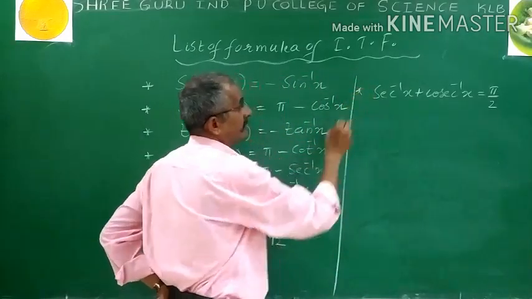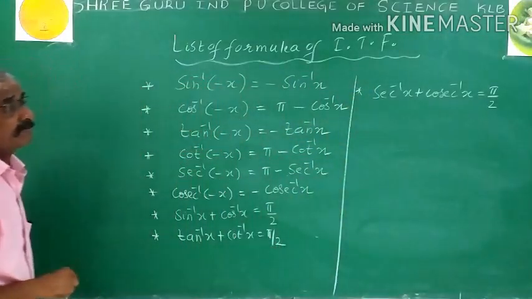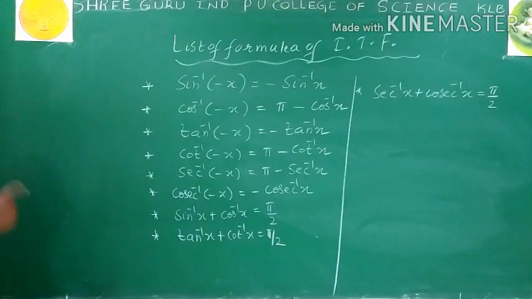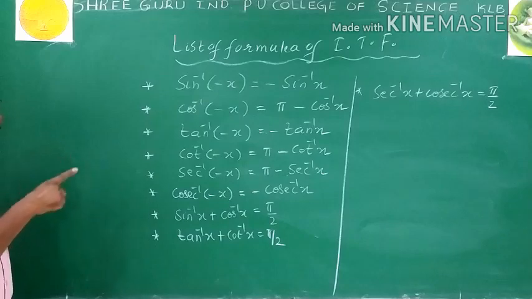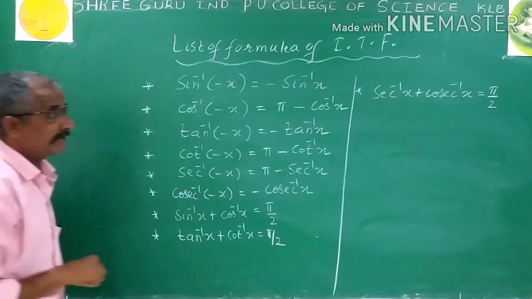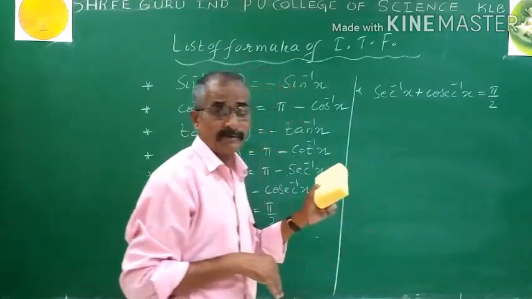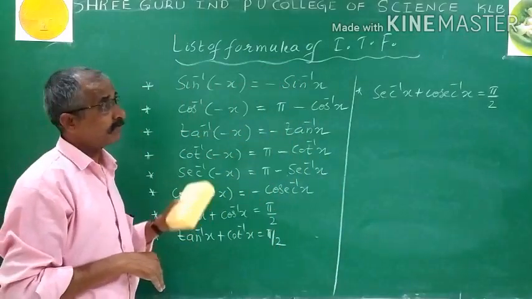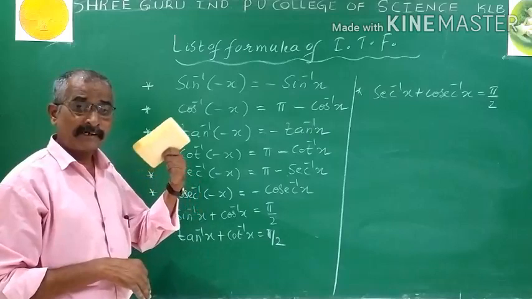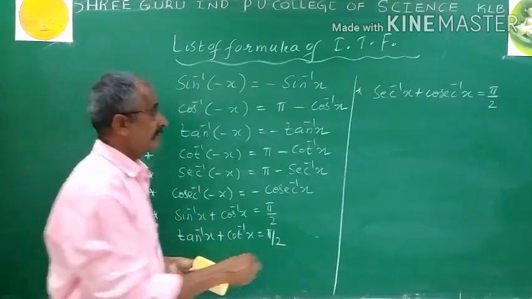I remind you that what I am writing are formulas of inverse trigonometrical functions. Proofs, domain, range, you can study in that respective topic. Right now, only for the sake of calculus purpose, I am giving only formulas without proof, without any other relevant kind of things.